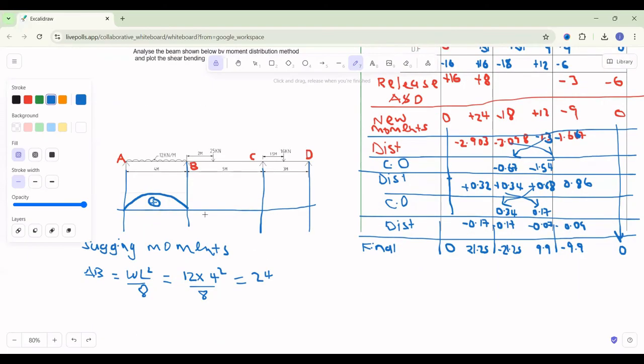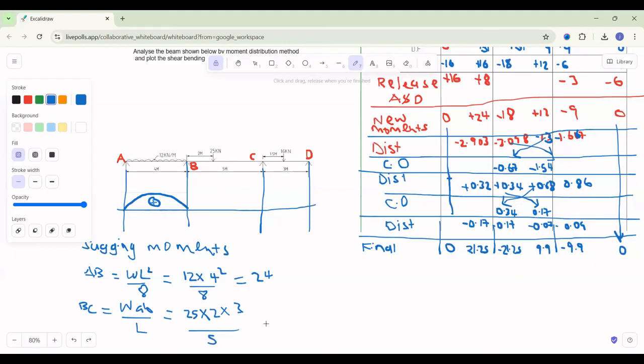So the sagging moment between span AB will be WAB all over L, which is 25 times 2 times the distance here, 3, divided by 5.